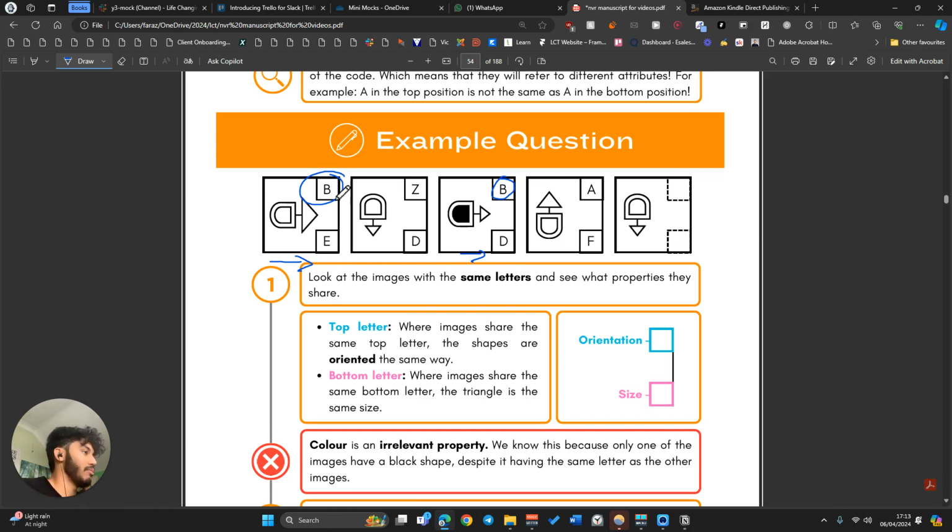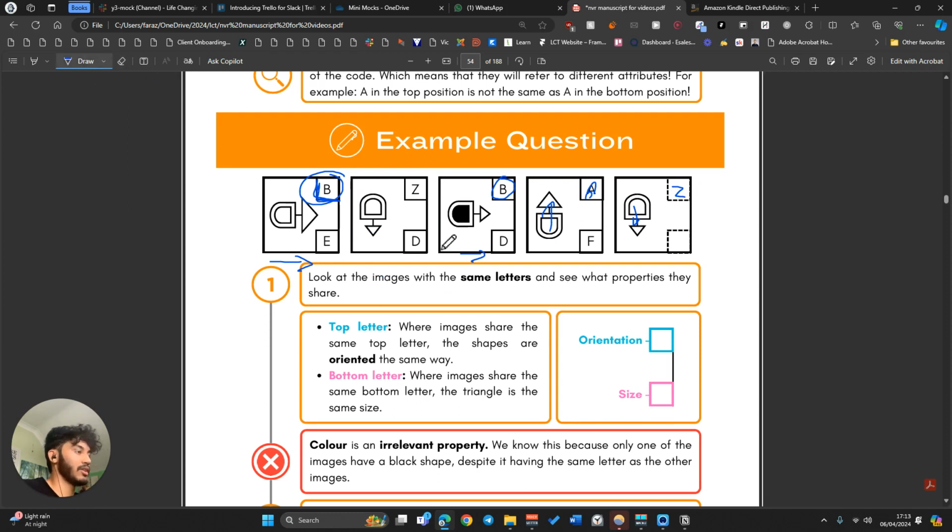So I'm going to assume B, or like the top position, most likely means which way the whole shape is pointing, and B probably means it's pointing right. Z probably means it's pointing down, because that's what it says here, and then A would mean it's pointing up. So this one is pointing down. What letter is it going to have? It's going to have Z, because you can see here that's the same idea.